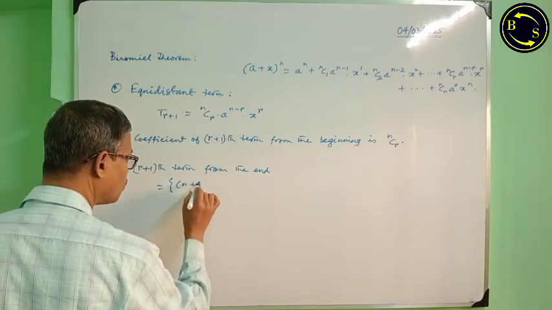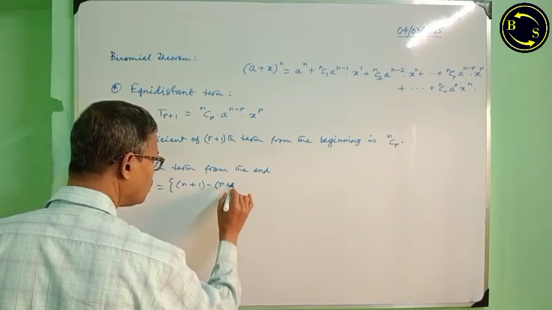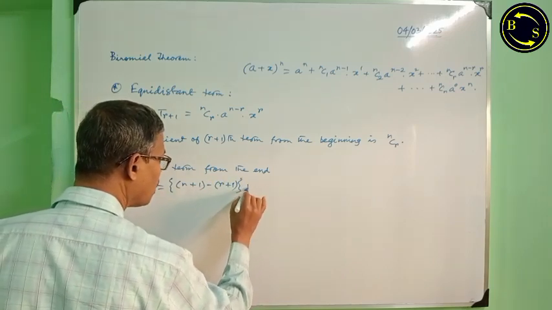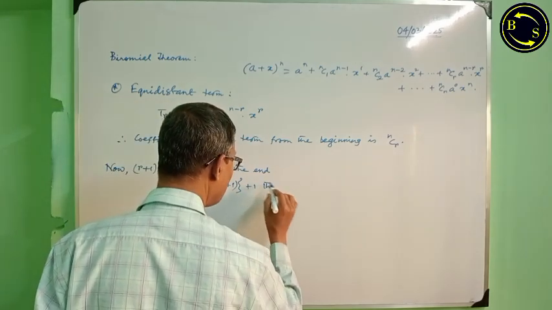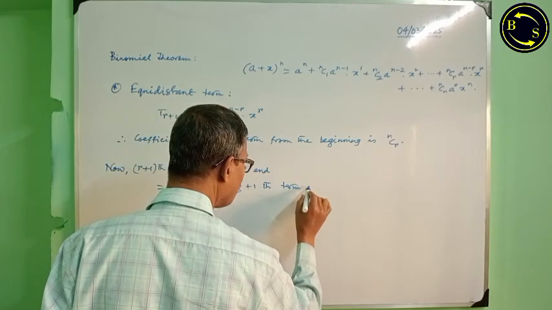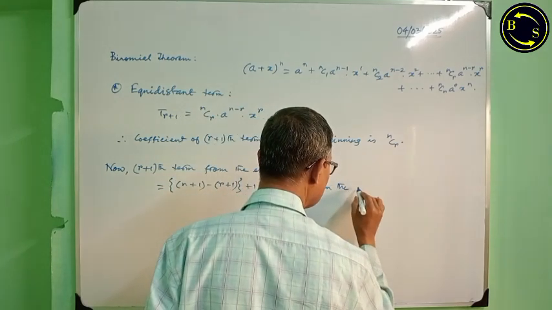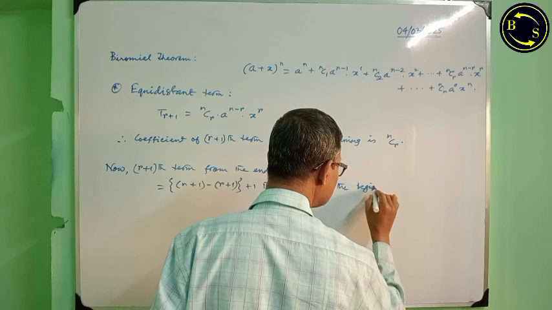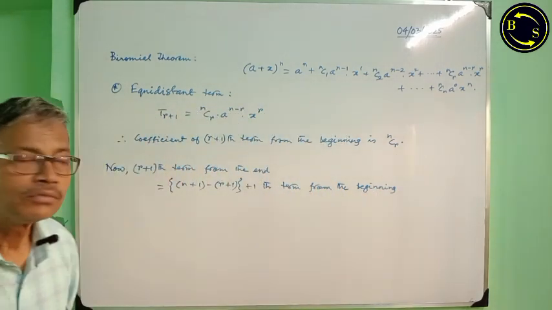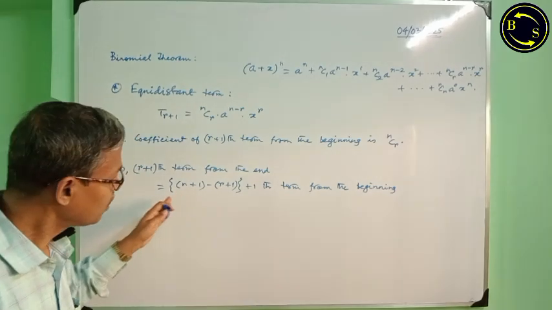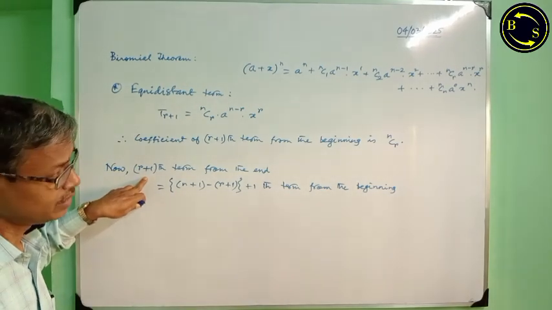n plus 1, total number of terms, minus r plus 1, plus 1th term from the beginning. From the total, I first subtract this number, then I add.